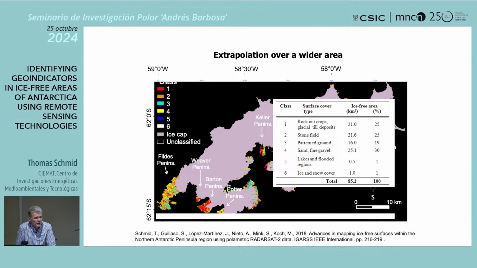So we can obtain an idea of how these areas are. If we obtain an image in the future, then we can compare and see if these areas are growing or becoming bigger because of the receding glacier, etc.